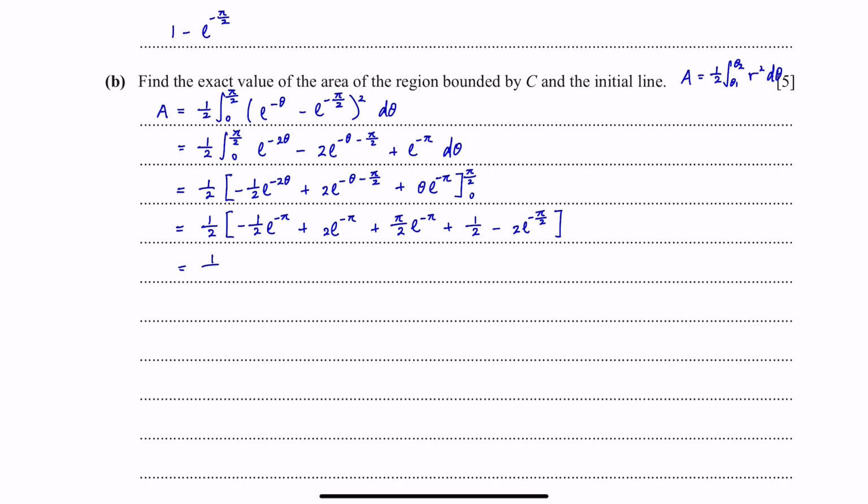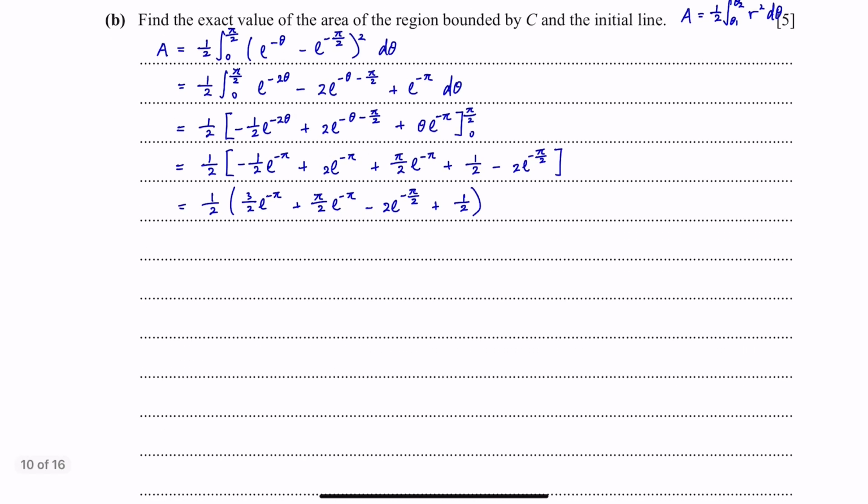This will be equal to 1 over 2 times 3 over 2 e to the power of negative pi plus pi over 2 times e to the power of negative pi minus 2e to the power of negative pi over 2 plus half. And now we just simplify whatever we got just now.